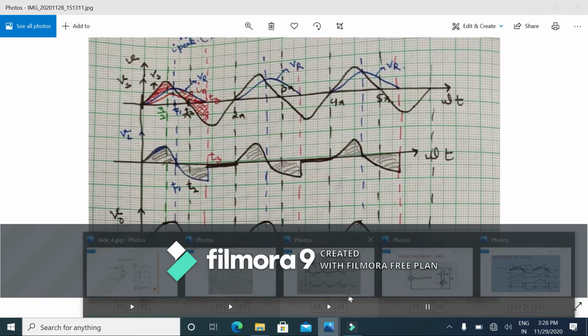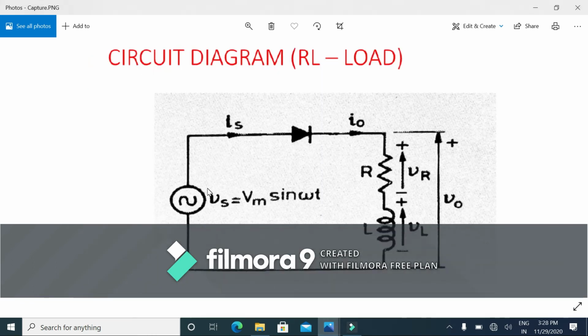The answer is that at omega t equal to pi, this Vs is 0. After omega t equal to pi, Vs is lesser negative as compared to this VL. At this interval, the inductor starts supplying energy to the resistive load.